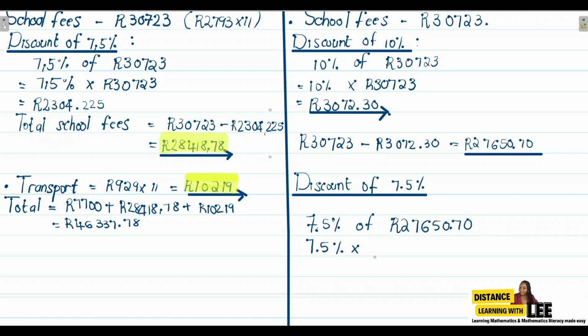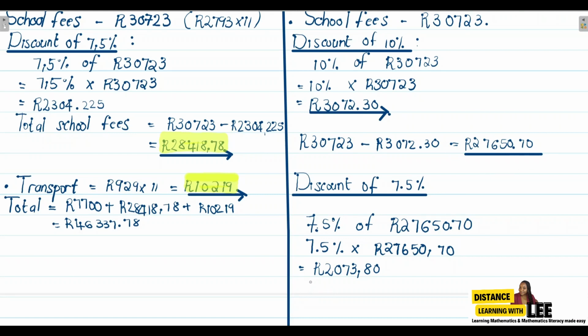So 7.5% times 27,650.70. If you punch that into your calculator, you'll get that she gets an additional discount of 2,073 rand 80 cents. We still need to subtract this 2,073 rand and 80 cents from the 27,650.